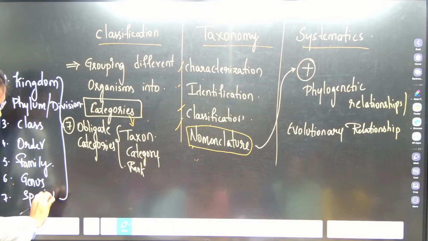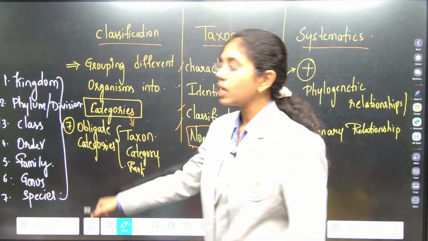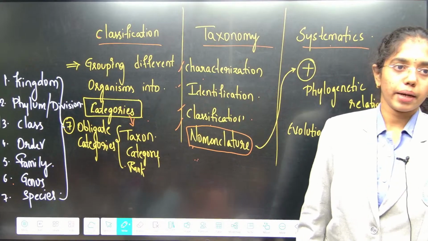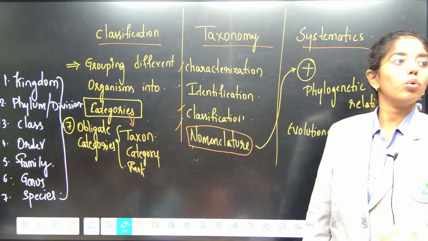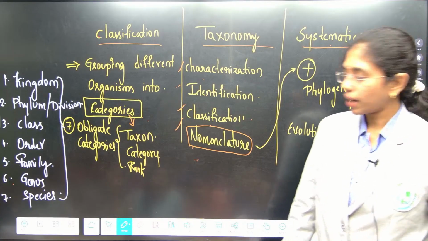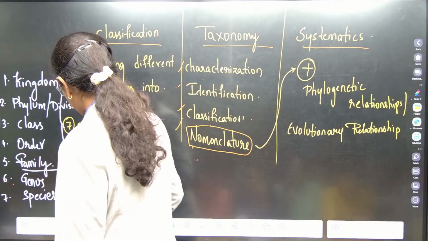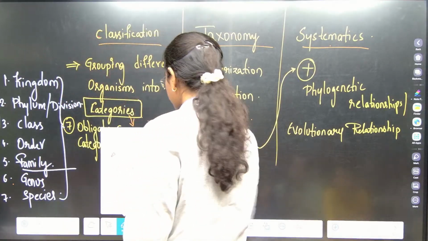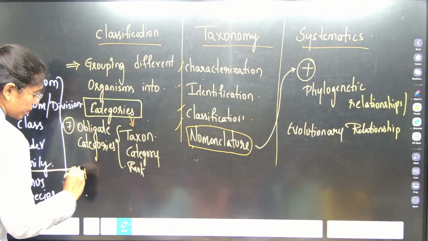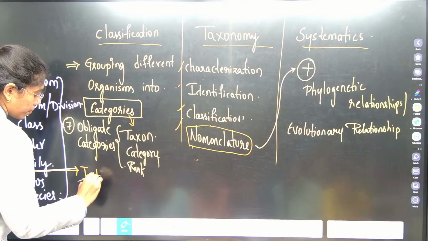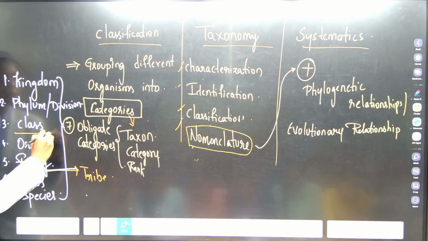These are the 7 obligate categories. The smallest category is species, the largest category is kingdom. Apart from these, remember 2 more which may be asked sometimes. In between genus and family, you have a sub-level category known as tribe. In between order and class, you have a sub-level known as cohort.